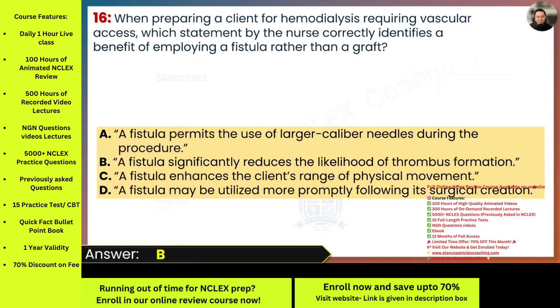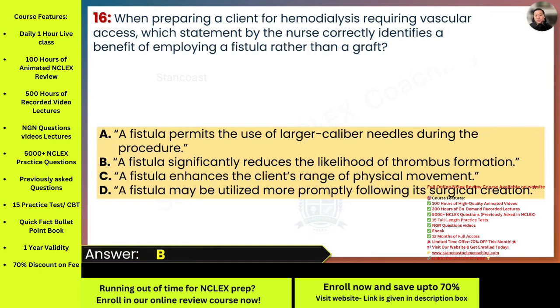Why is this a correct option? Well, we know that with the arteriovenous fistula, this is the preferred vascular access for long-term hemodialysis because it has lower risk of clot formation compared to an arteriovenous graft.